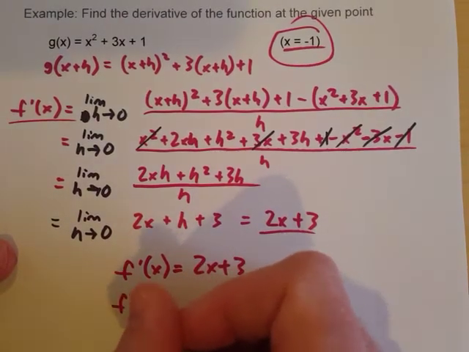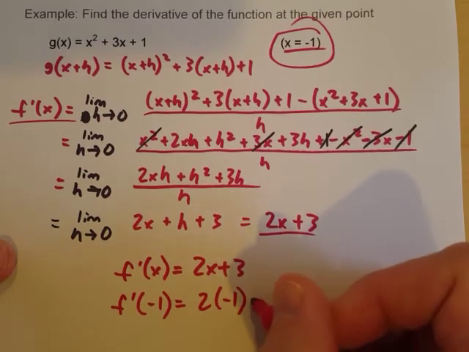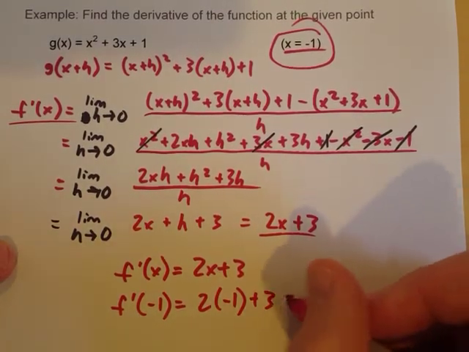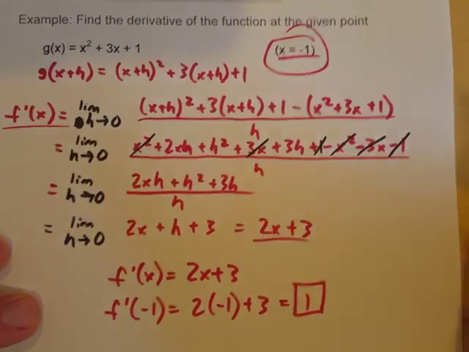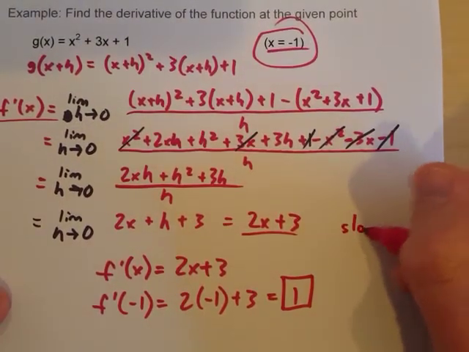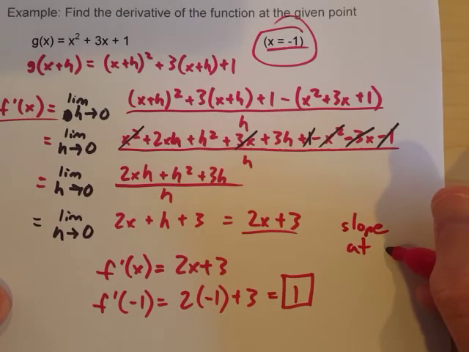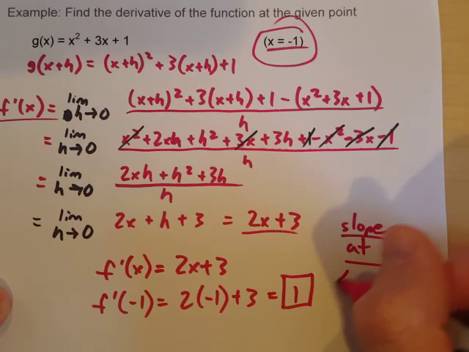So f prime of -1 equals 2 times -1 plus 3. So that's -2 plus 3. So that slope is equal to 1. So the slope at that point, slope at x equals -1 is 1.